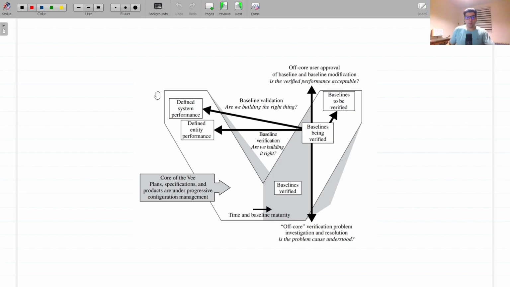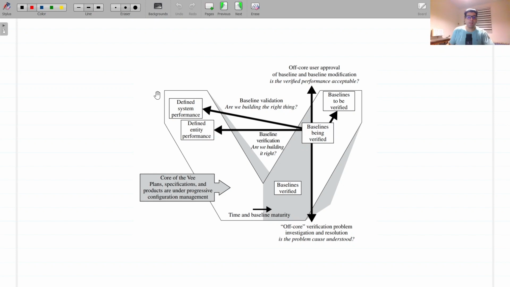As entities are implemented, verified, and integrated, the right side of the core of the V is executed. The below figure illustrates the evolving baseline as system elements are integrated and verified. Since one can never go backward in time, all iterations in the V are performed on the vertical time-now line.